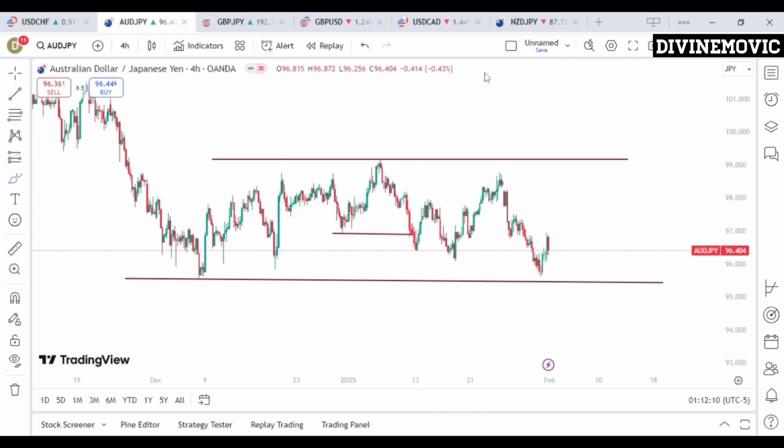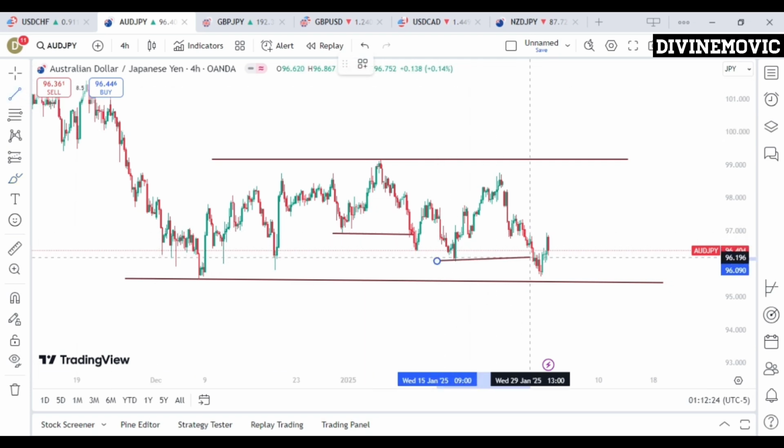Meaning that this uptrend that was happening here has changed to become a downtrend. And this place is simply a high, a change of character, and here is simply a low.